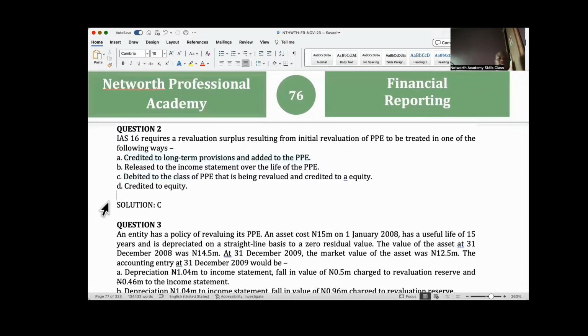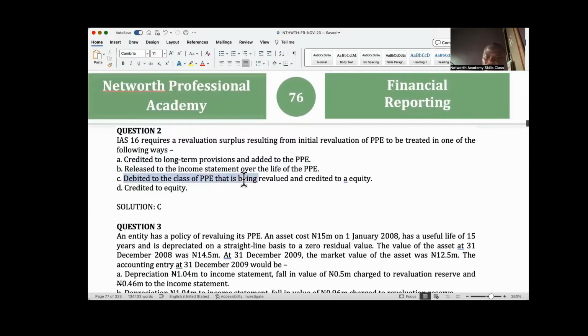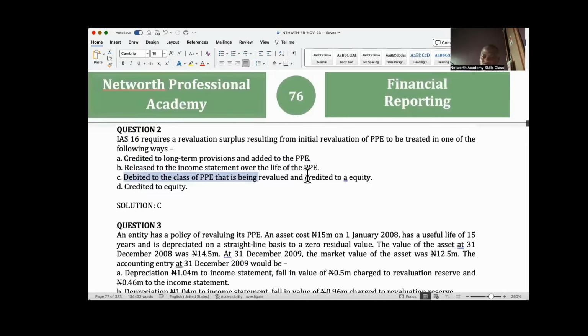What's the answer? You can see here that the solution is C, which is that we are going to debit the assets and credit equity. So that's the answer to that.